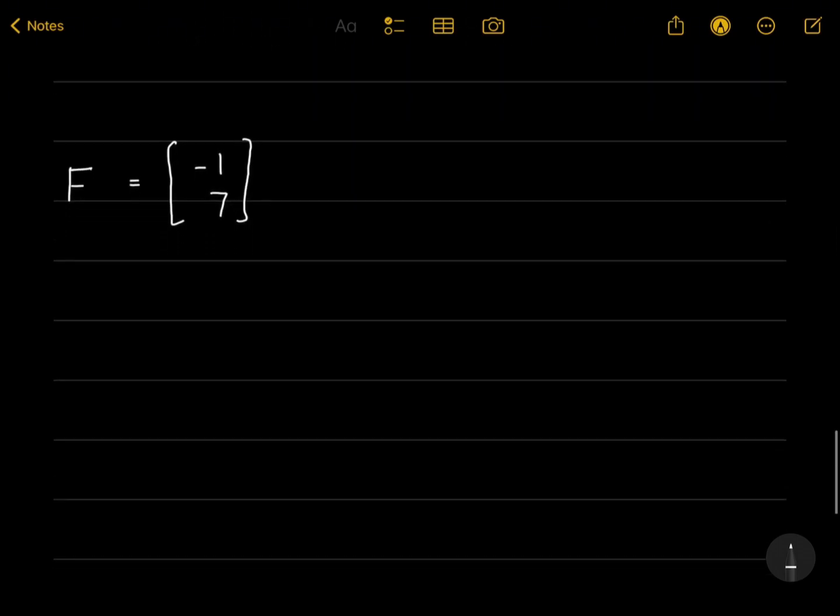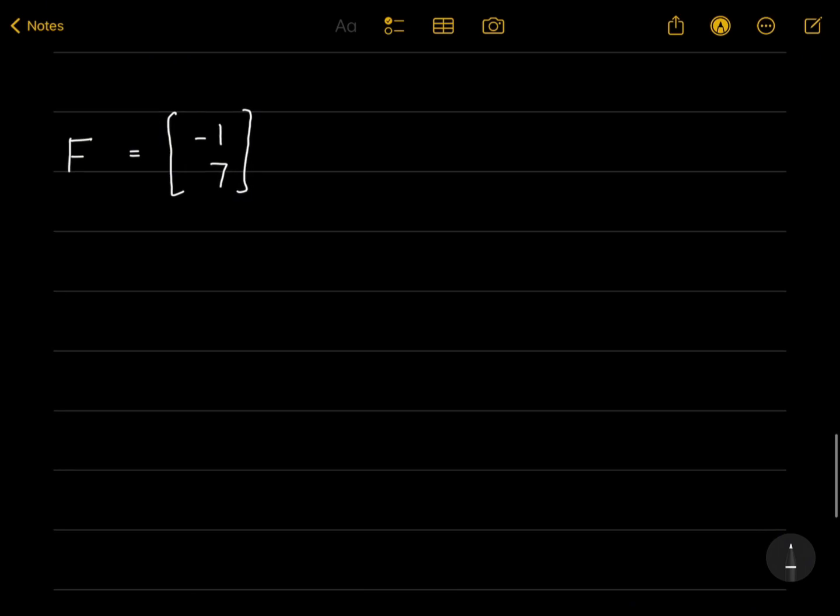Move on to the F part, the last part of question number 1. That's F is equal to -1 and 7. Let's find the order of this matrix. F is equal to 2 rows, 1 and 2.